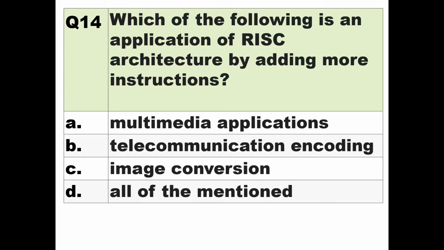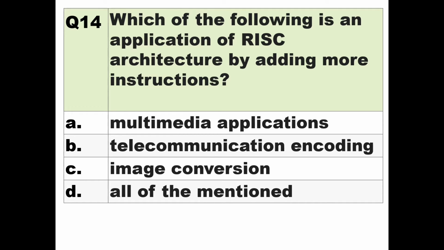Then we'll go to the next question, question number 14. Which of the following is an application of RISC architecture by adding more instructions? For RISC architecture, if you add a few more instructions, which applications can take place? Option A is multimedia application, option B is telecommunication encoding, option C is image conversion.